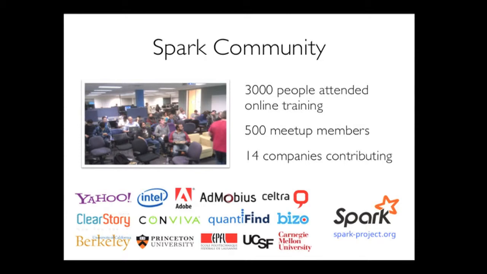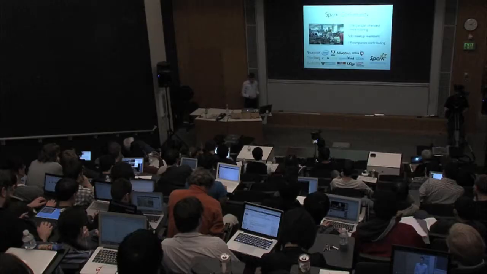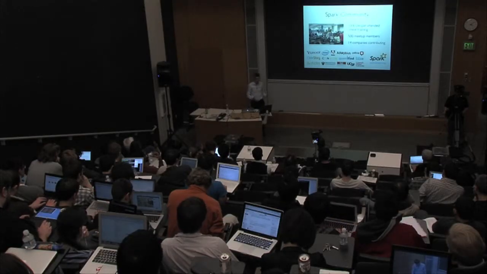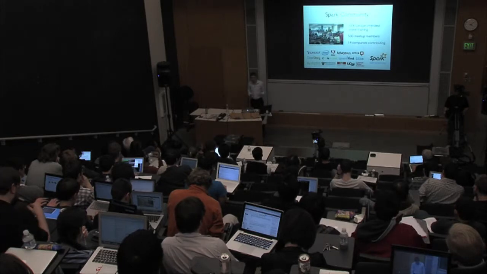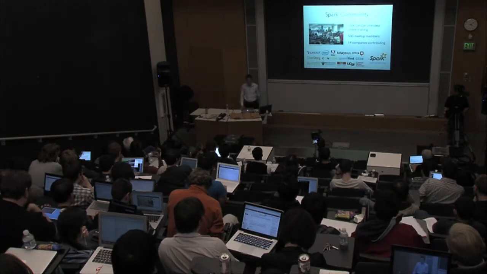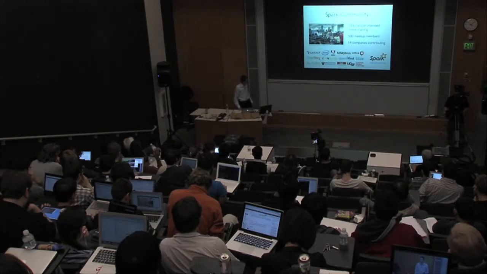And in the past year, 14 companies have contributed code to Spark. And it's really great to have these guys, even just from a purely research point of view, because you get to see a lot of new problems and much more exciting things than k-means and Wikipedia search that people are trying to do.